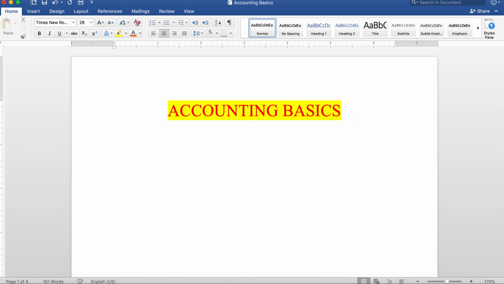So we'll be learning debits and credits, as debits and credits are the key language, the basic fundamental of accounting. Let's change the color to blue. So what really is debit and credit? In any transaction, there will always be a debit, which will equal a credit.